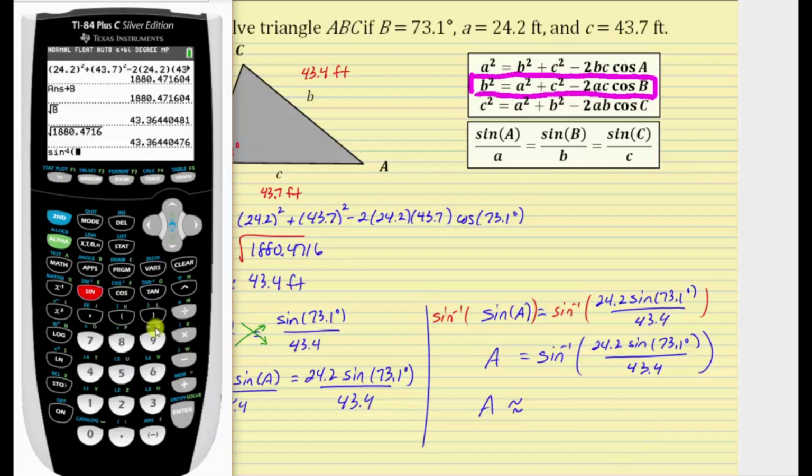So we have open parenthesis 24.2 times the sine of 73.1 degrees, close parenthesis for the sine function, close parenthesis for the numerator, and then we need to divide this by either 43.3644 or the square root of b. I'm going to use the square root of b. So second x squared alpha apps, right arrow, close parenthesis, and enter. So angle A is approximately 32.3 degrees.